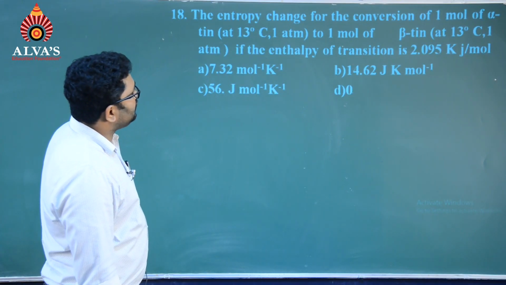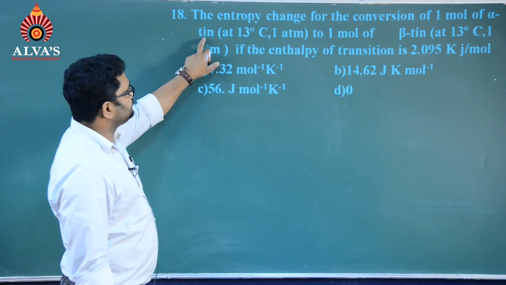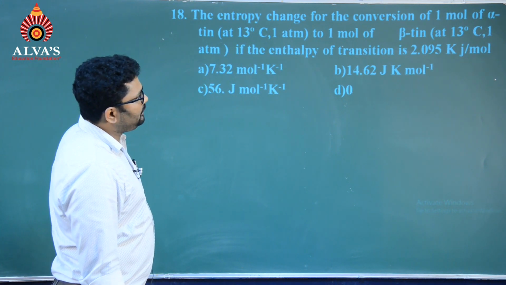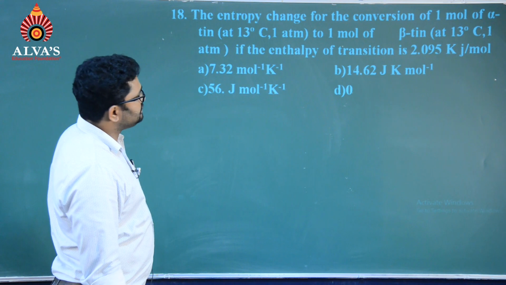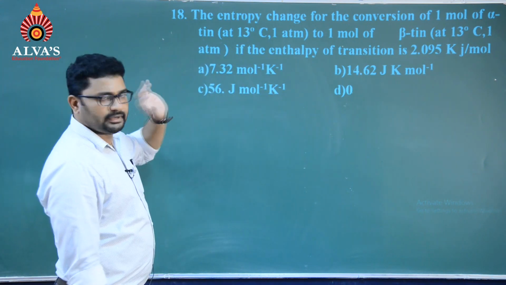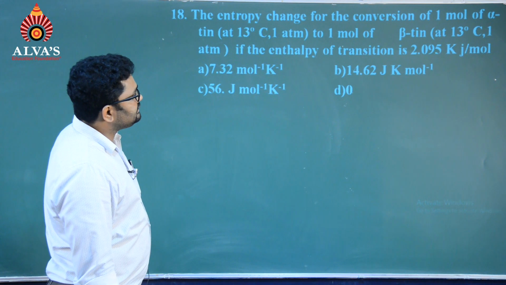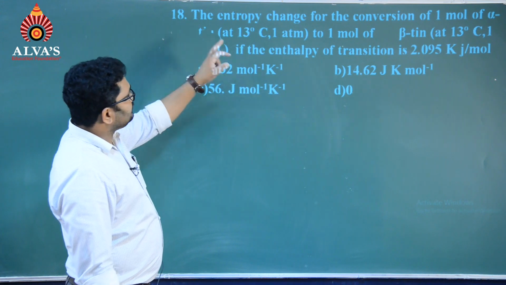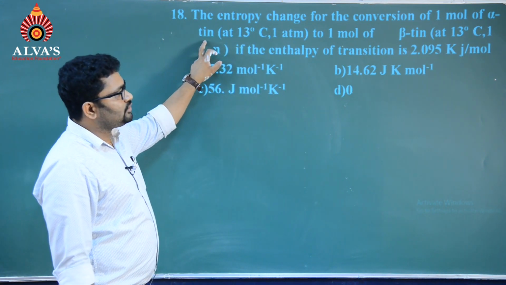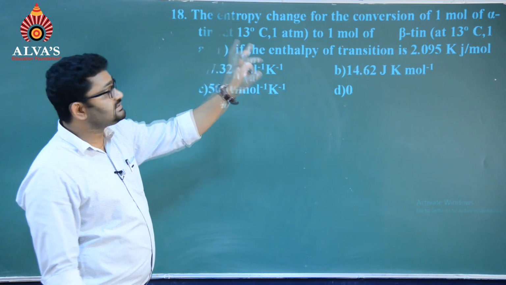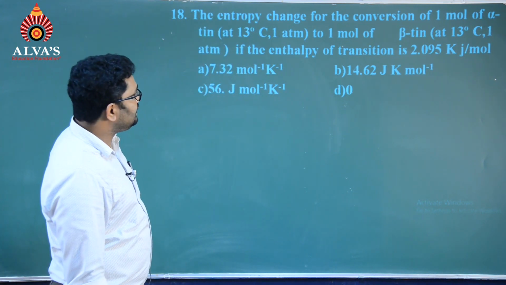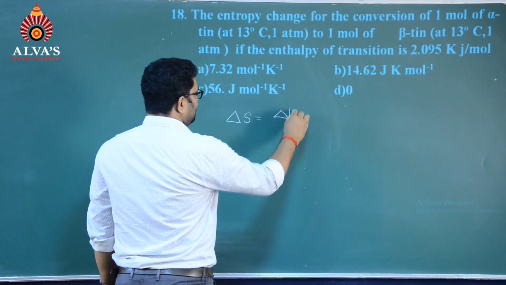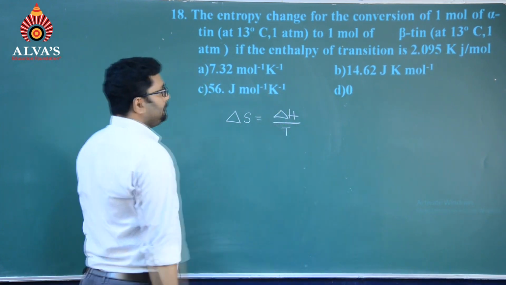Next question, question number 18. The entropy change for the conversion of 1 mole of alpha tin, that is at 13 degrees Celsius and 1 atm, to 1 mole of beta tin, at 13 degrees Celsius and same pressure, if the enthalpy of the transition is 2.095 kilojoule per mole. These two are alpha and beta, allotropic forms of tin. There is a phase transition. The entropy of phase transition is given by enthalpy of phase transition divided by the temperature.